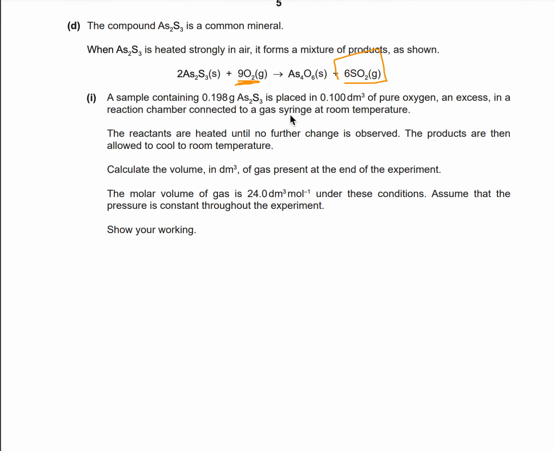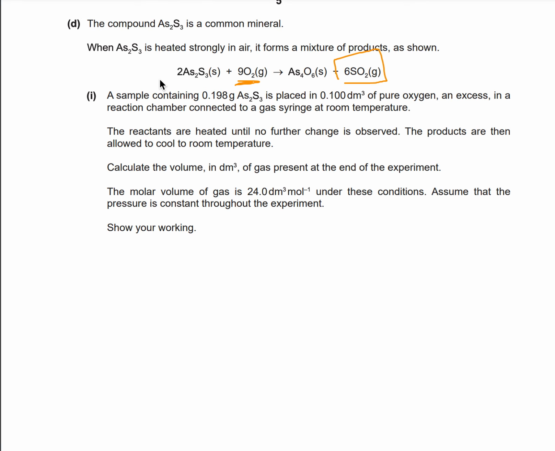Okay, now let's read the question again. As2S3 is heated strongly in air. So it's reacting with oxygen and forming As4O6 and 6SO2.